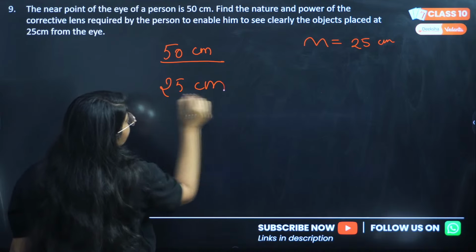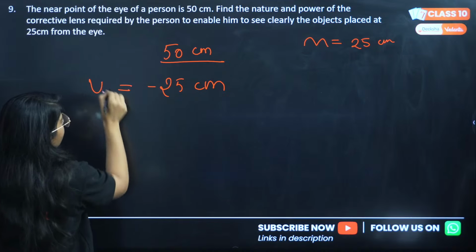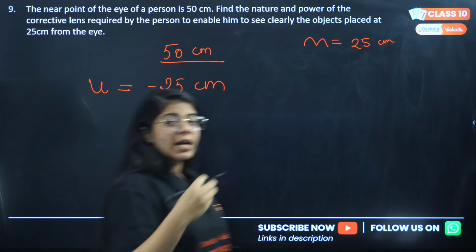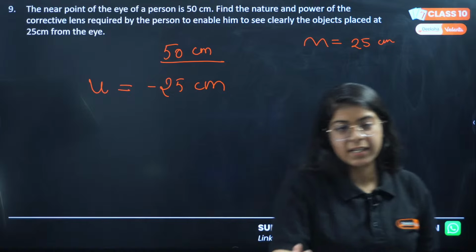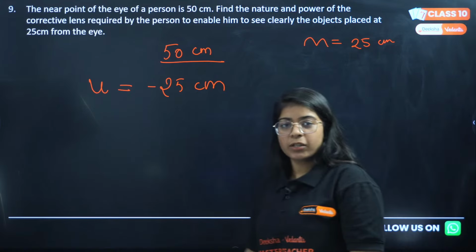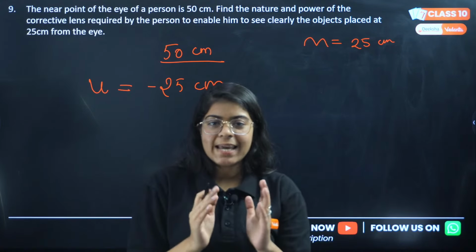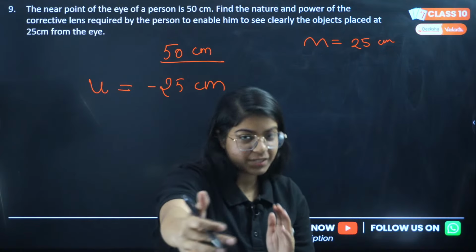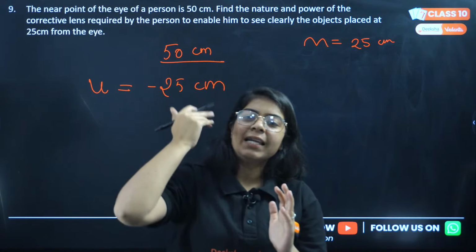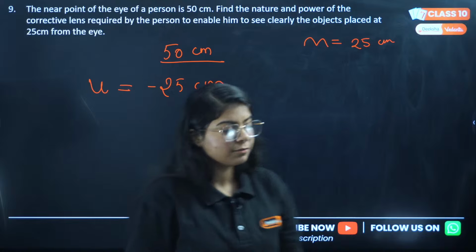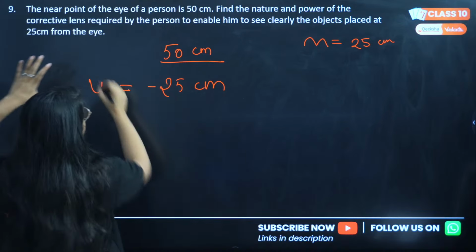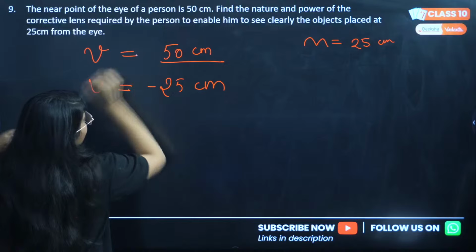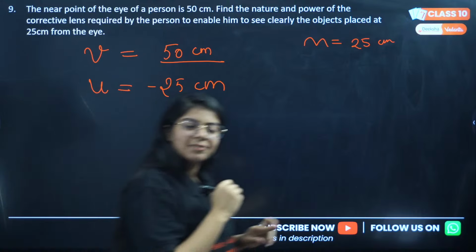So, the object is placed at 25 centimeter. This is clearly given. So, if I have a near point of 50 centimeter, but the object is at 25 centimeter, my lens should make the image at 50 centimeter first, then only my eye lens will be able to see it properly, right? So, for the corrective lens, the image distance is 50 centimeter, correct?